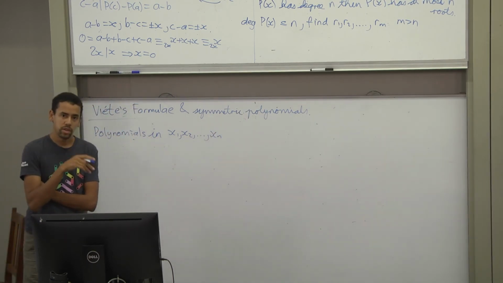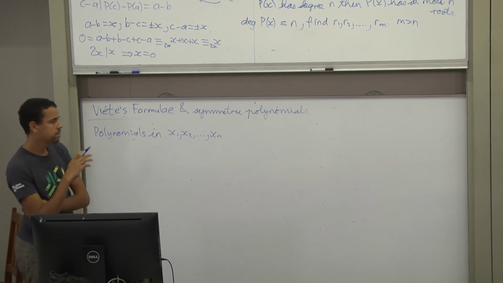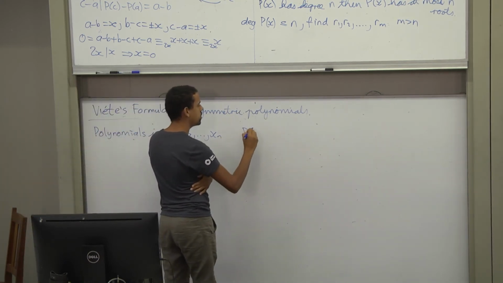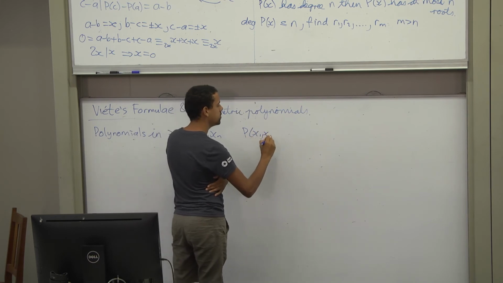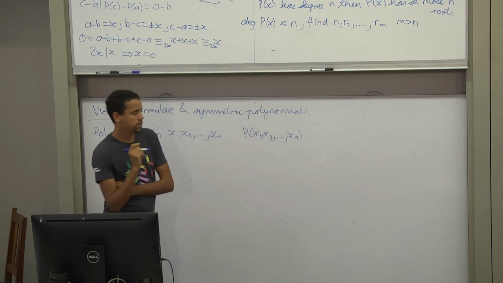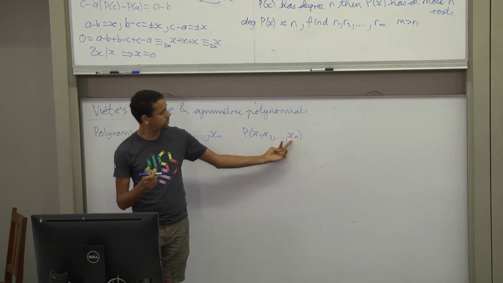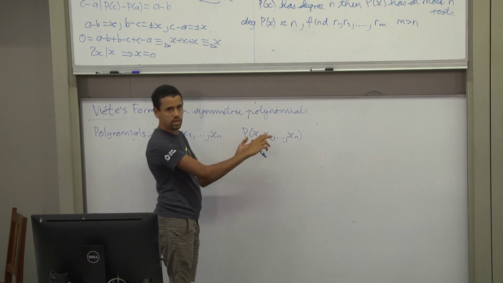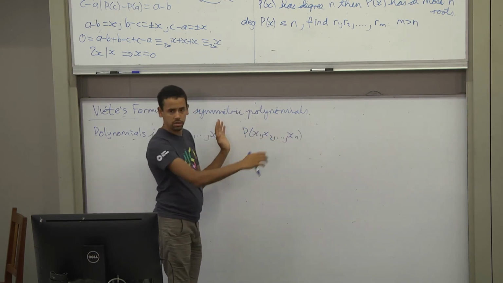And I want a special polynomial with n variables. Let's say this is p of x1, x2, up until xn. I want to have the property that if you swap any two of these, let's say x2 and xn, the polynomial still stays the same.